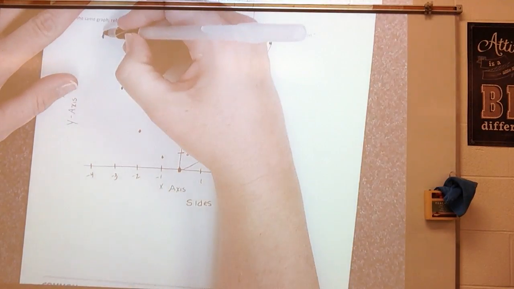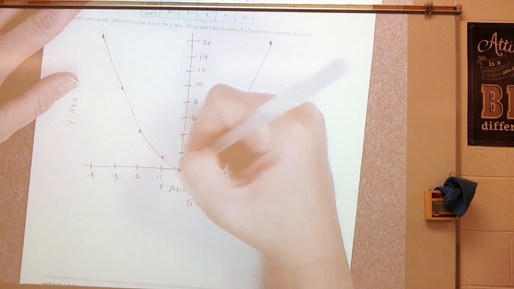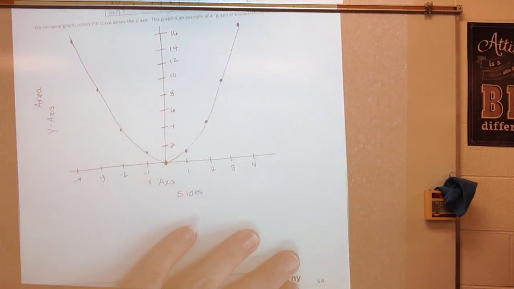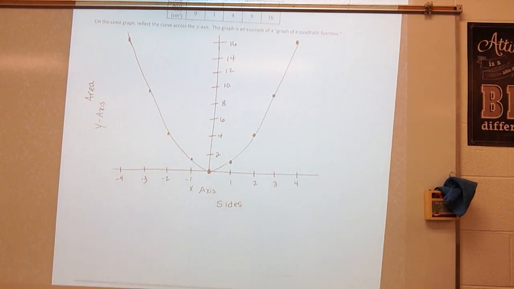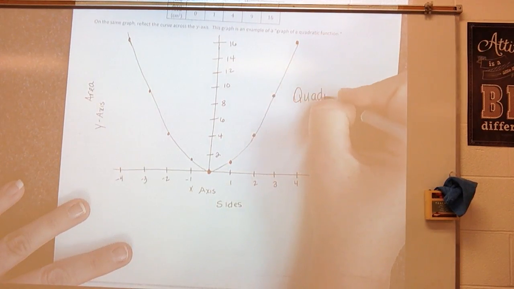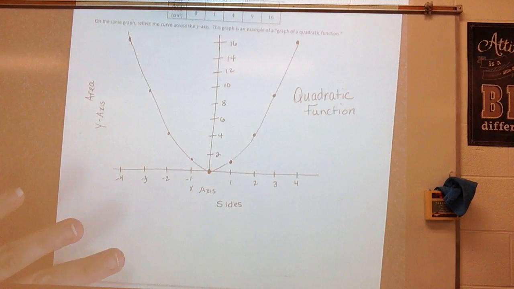And I want you to look at this, guys, because this is going to become one of your best friends. Look at that graph. This is an example of a quadratic function. You're going to need to know that. You're going to need to use that probably the rest of your high school math career. That is an example of a quadratic function.